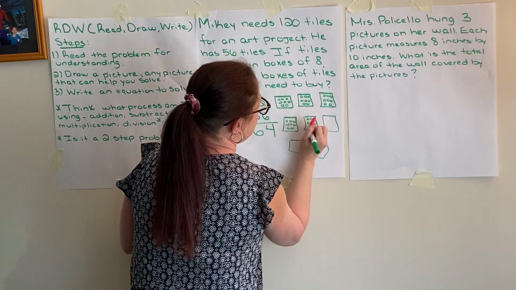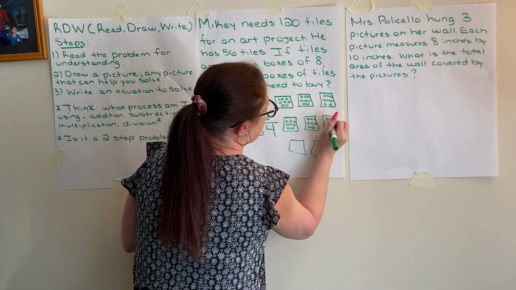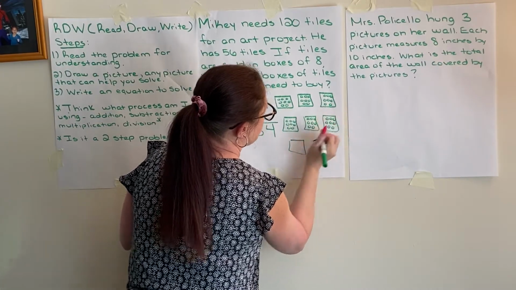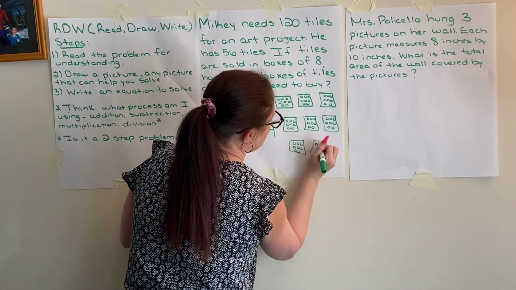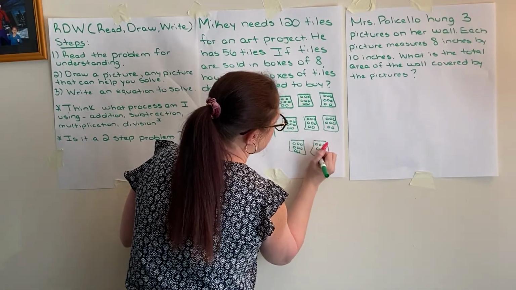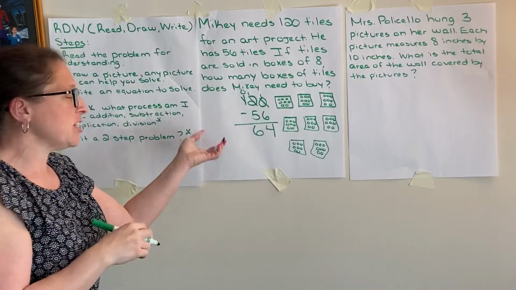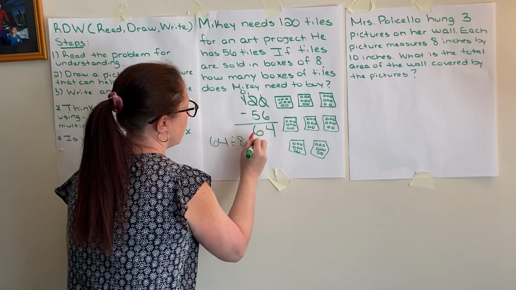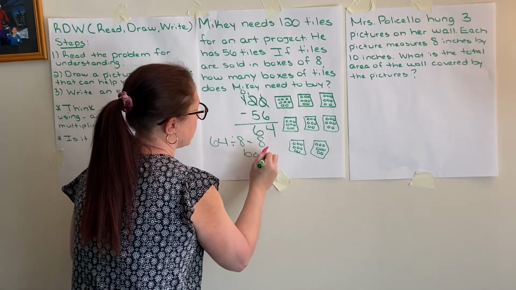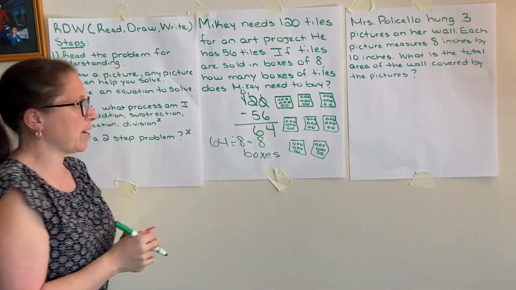And as you can see, as I'm doing it, it looks like there's going to be 8. 8 are going to go in each box, okay? Now, our division sentence would be 64 divided by 8 equals 8 boxes, okay?